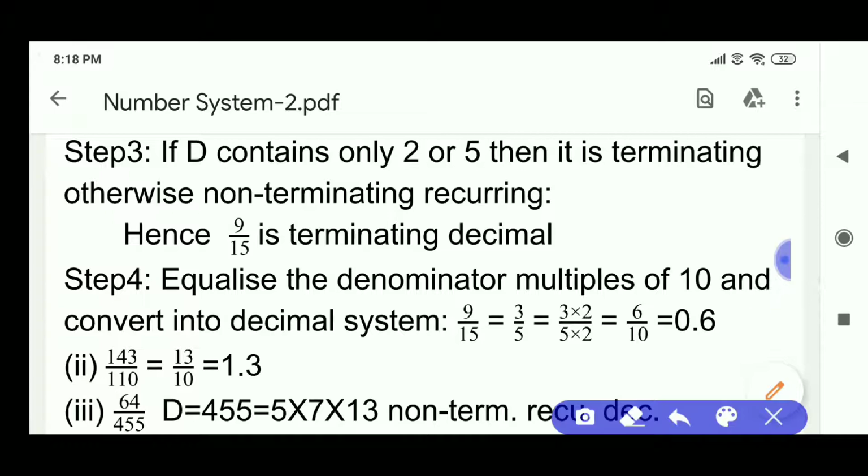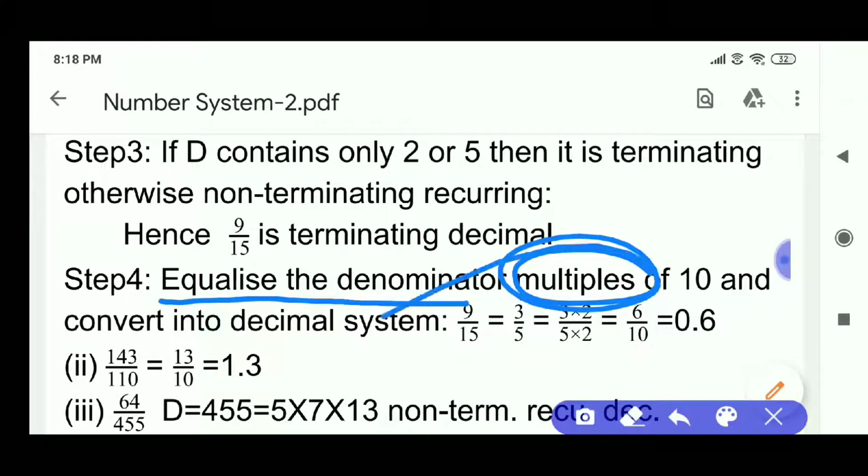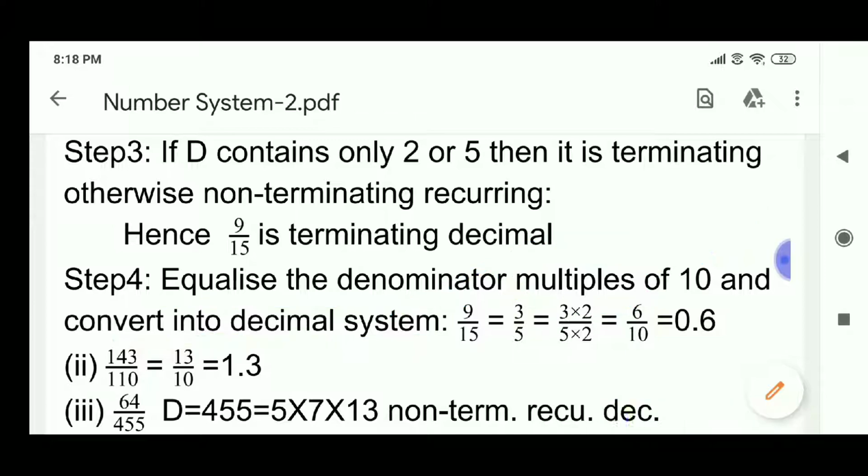Now, equalize the denominator to squares of 10 or cubes of 10. That means 10, 100, 1000, 10,000, etc. Then convert it into the decimal system. Example here, 9 by 15.